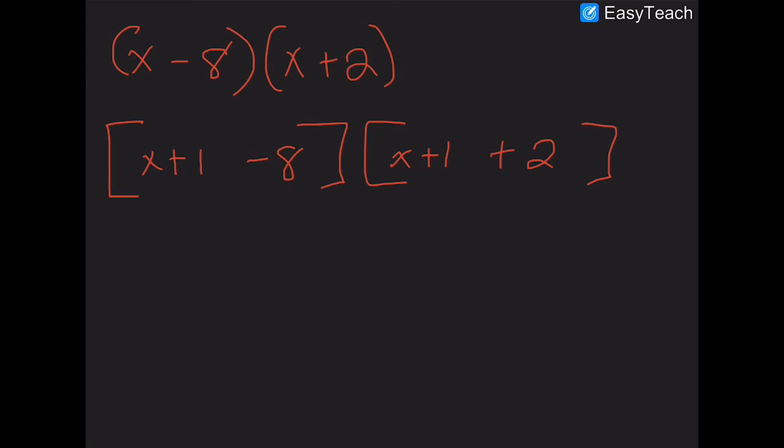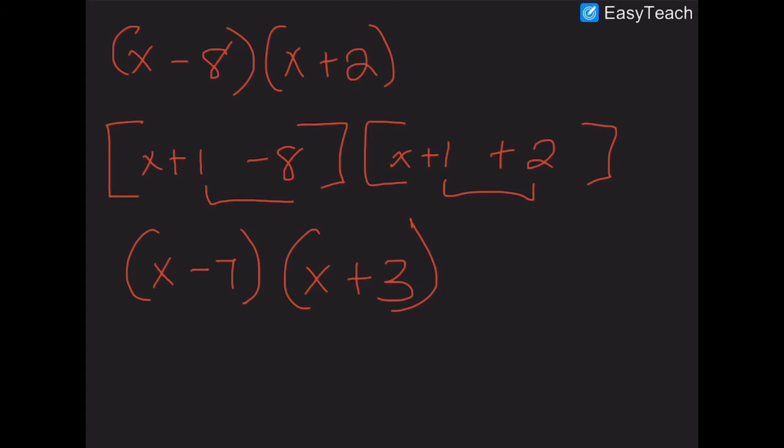So we're going to be left with x minus 7 on this side. And then on the other side, we're going to be left with x plus 3, because we're going to add those two. And this now is our final answer.